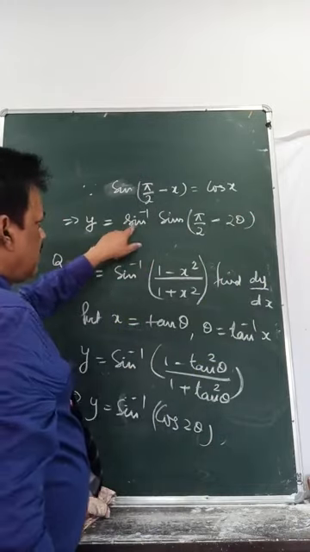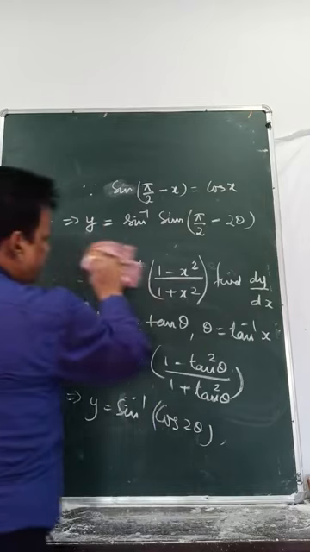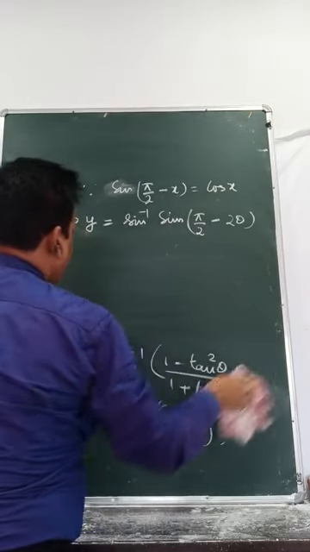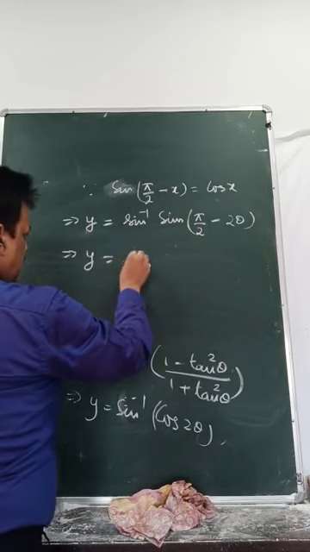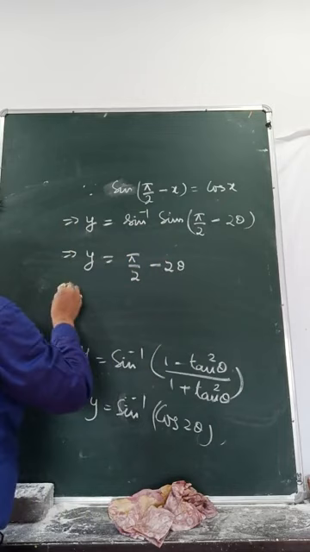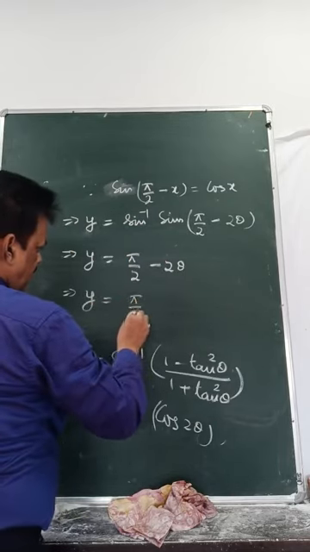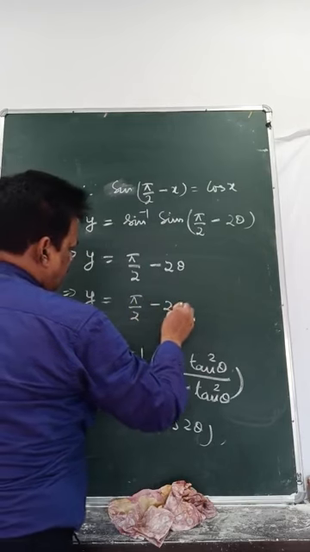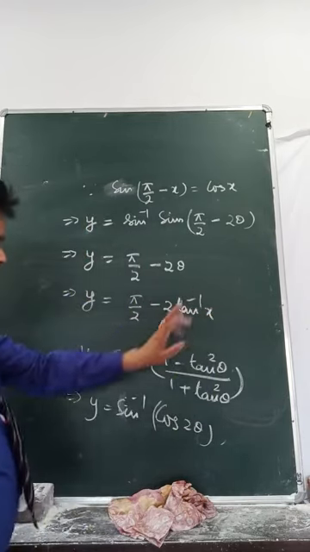Now look at sin inverse sin, you can simplify. What is left for us? y equals pi by 2 minus 2 theta. So y equals pi by 2 minus 2 tan inverse x, because theta is tan inverse x.